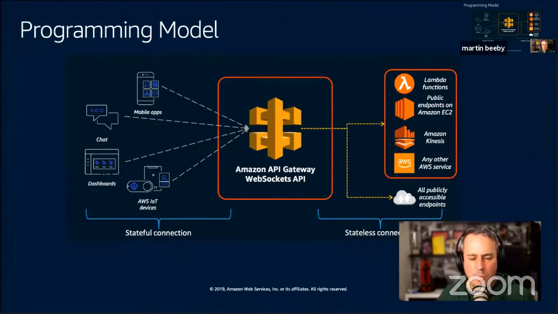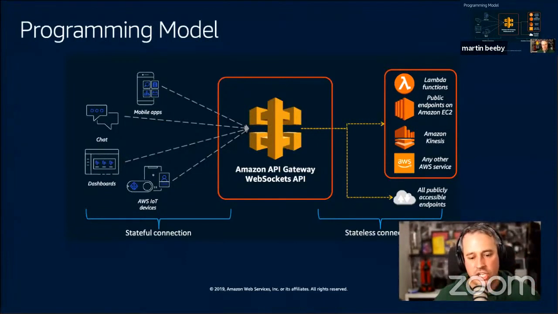Now, what's cool about this is that from a programming perspective, it's no longer a stateful connection. With WebSockets, it's always stateful because you always have to maintain the connection. With this new programming model, we're able to write stateless applications, and Amazon API Gateway manages all the statefulness. So it manages all the connections with the different devices.